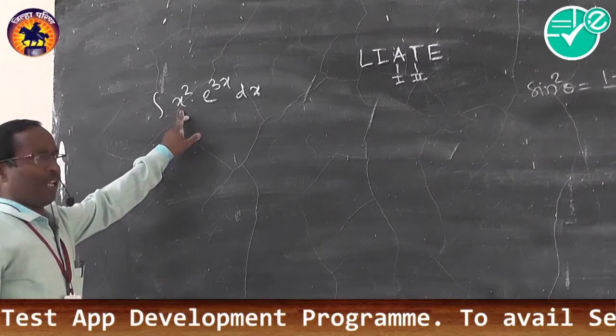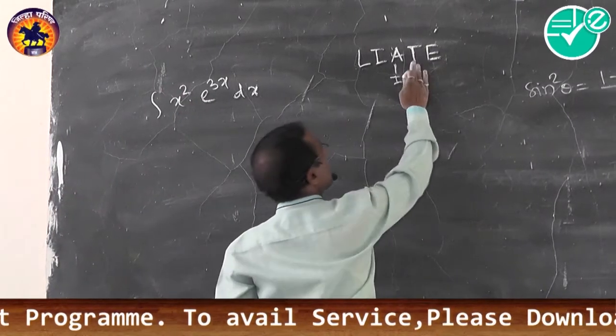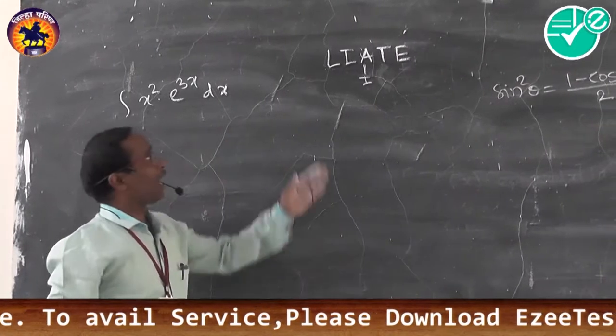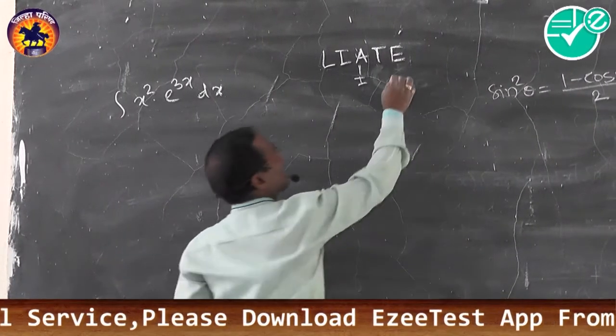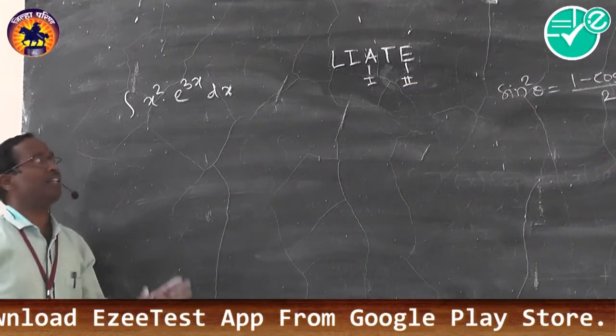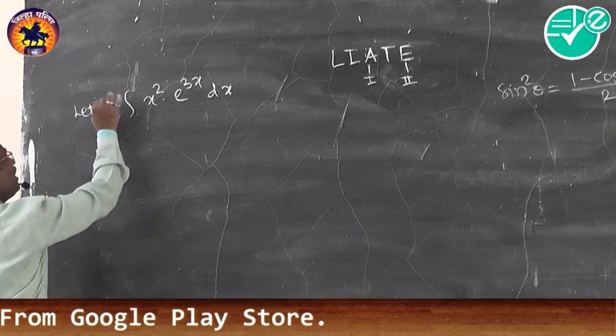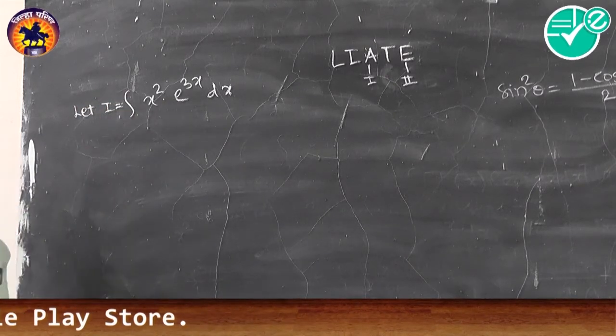X square is algebraic function and e to the power 3x is exponential function. Then algebraic function taking first and exponential function second in this integrand function. Let I is equal to this function.